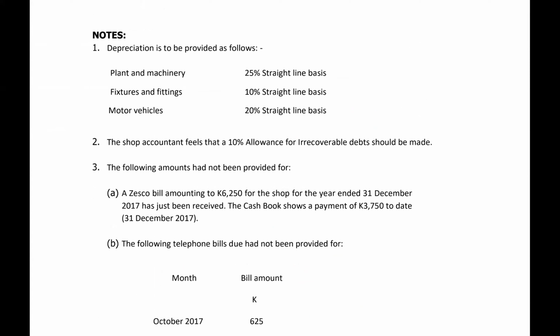Some adjustments go straight in the trading account, for example, discount received, which is other income, or adjustments to purchases, where they say purchases reduced by this much.